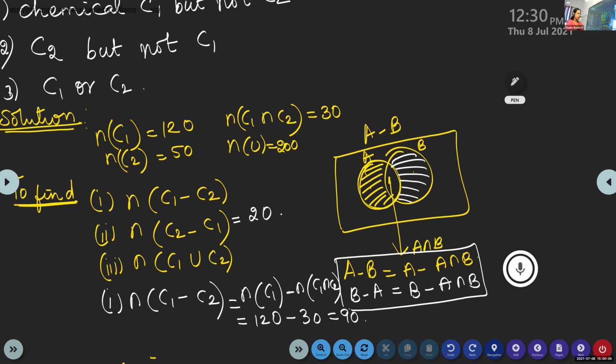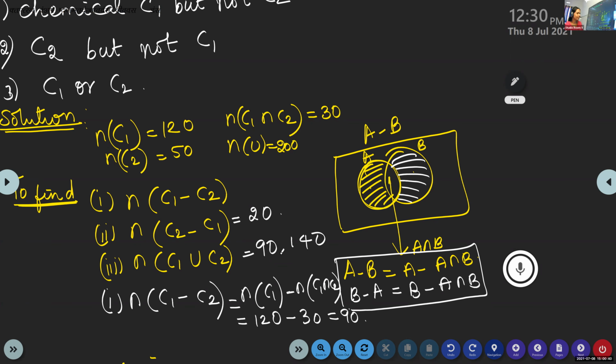C1 union C2, you apply the formula: N of C1 plus N of C2 minus N of C1 intersection C2. Use that formula. Is it 90? 140. Okay.